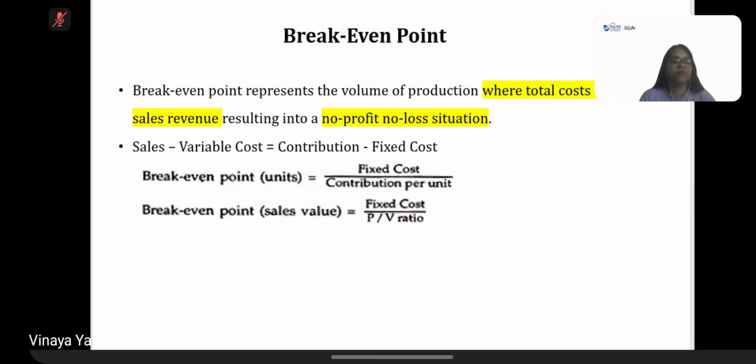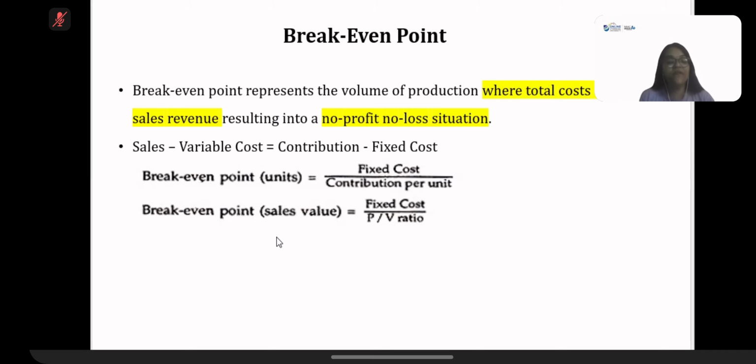Okay. Next is break even point. Now what is break even point? Break even point is a situation, simple में याद रखो, no profit no loss. एक ऐसा situation where the company's cost and revenues are equal. Okay, that is no profit, no loss.